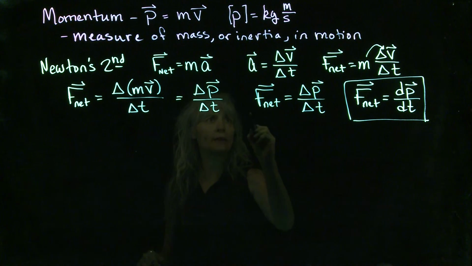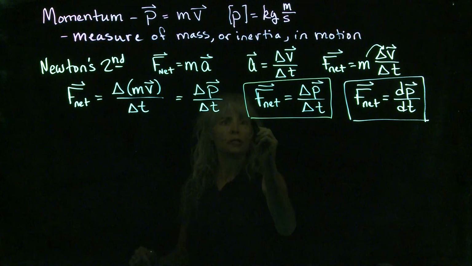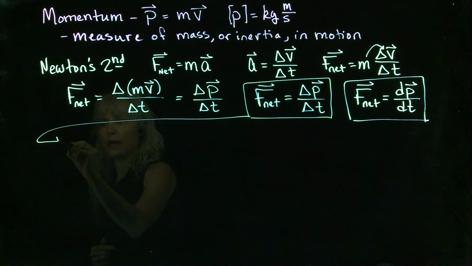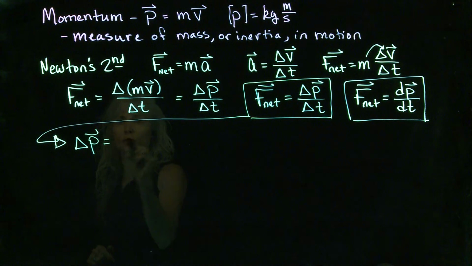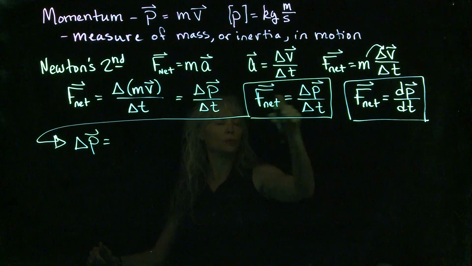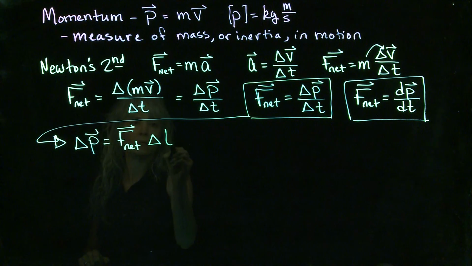So let's take this equation right here and write it a little bit rearranged so that we isolate delta P. How do I isolate delta P? Well, I have to multiply by delta T on both sides. So delta P is going to be equal to the net force applied to an object times the time it's applied.